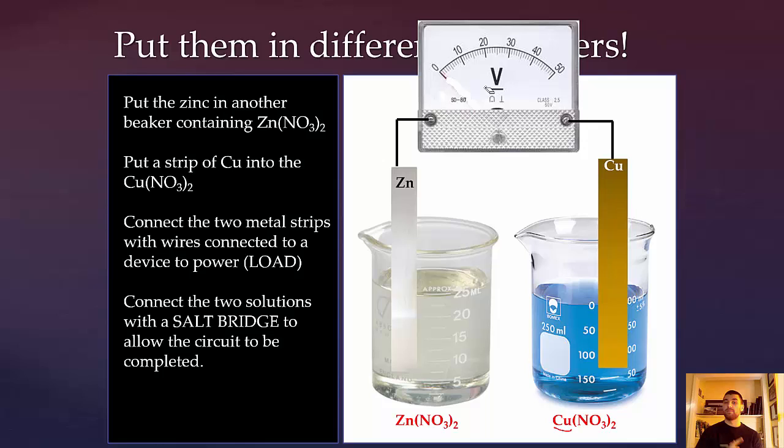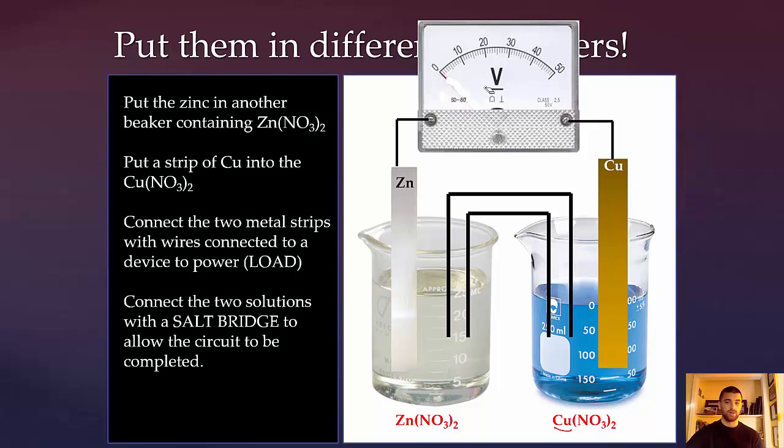There's one important part missing, and I'll explain why it's really important, and that is the salt bridge. So we need a salt bridge that also connects those two cells, right? If this whole thing is a voltaic cell, then this beaker here is a half cell, and this beaker here is a half cell.